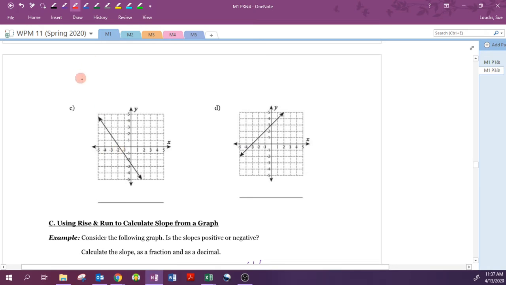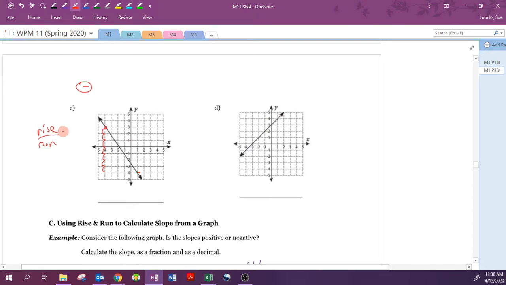Okay, so this is a negative slope, right? And if I count my slope from this point, this is a nice lattice point right here, and this here is a nice lattice point right there. So I can count my rise as 1, 2, 3, 4, 5, 6, 7.